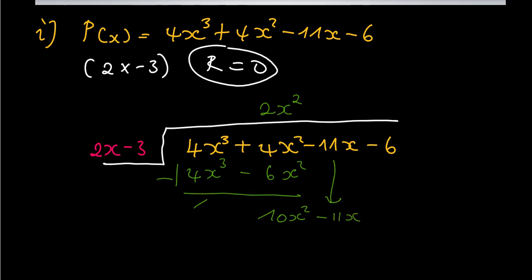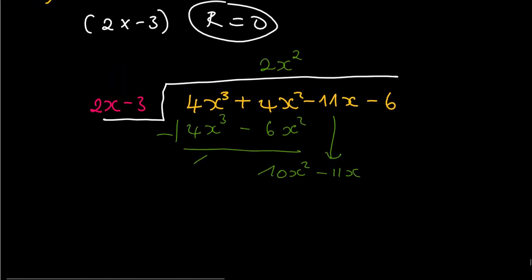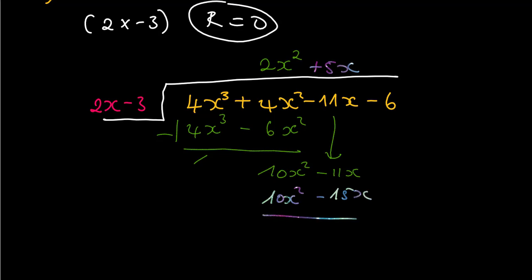We continue the division. Now 10x squared divided by 2x will give plus 5x. Now positive 5x times 2x will give 10x squared, and 5x times negative 3 gives negative 15x. Simplifying, 10x squared minus 10x squared gives null.